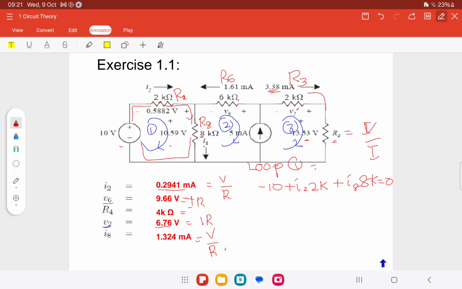Okay. And then kita boleh katakanlah this one kalau nak cari I2. Okay, so I8 yang ni dah ada tadi. So kita masukkan this one I2 2K equals to 10 minus I8 8K.